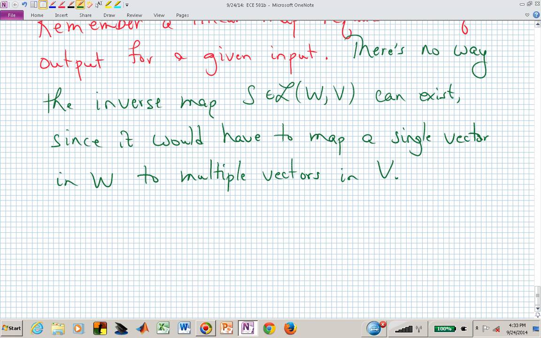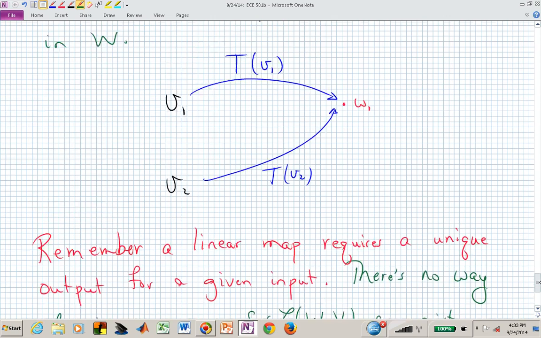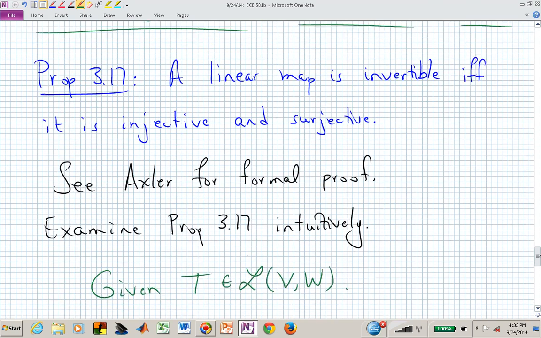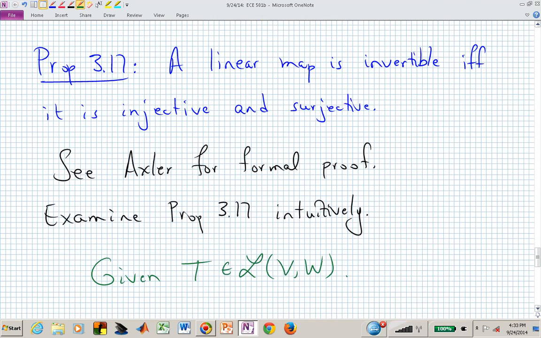If you now take S and try to map W1 back into V, S is going, I don't know where you want me to go. Both of those could be coming to W1 from the same location. So there is one justification for saying that an invertible map, if it's non-injective, you can't find a map that's invertible.